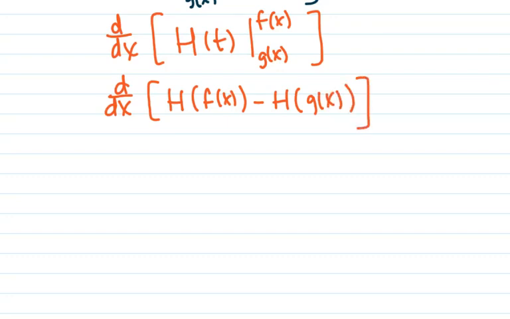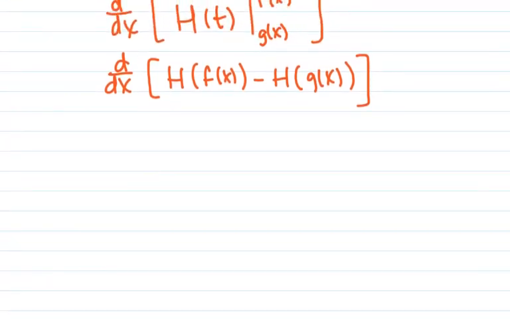Okay, so now let's take the derivative of each one. And you know what? I'm going to use colors for f and g to make this a little bit less crazy. F of x and g of x. All right, so now we're going to take the derivative. So you know how this works.